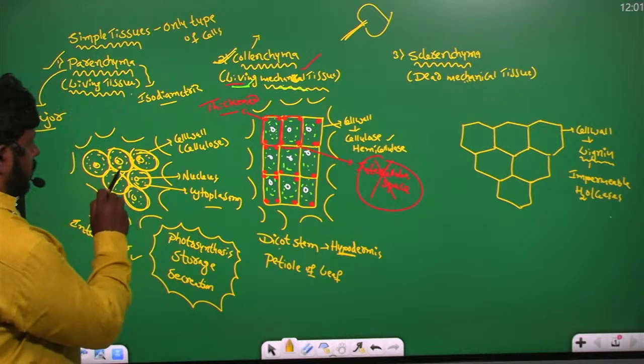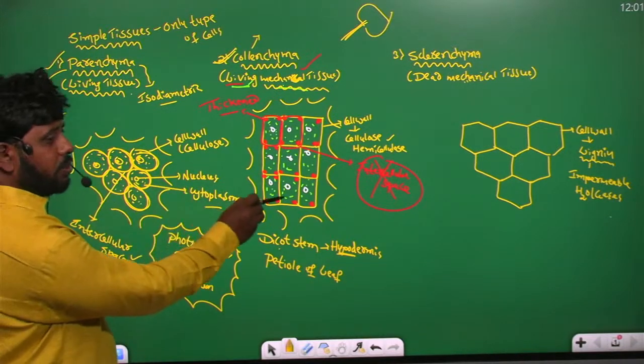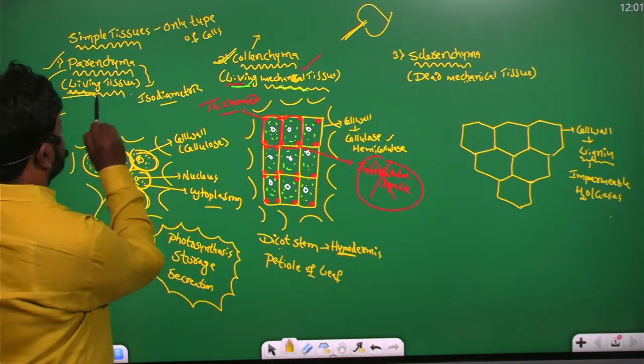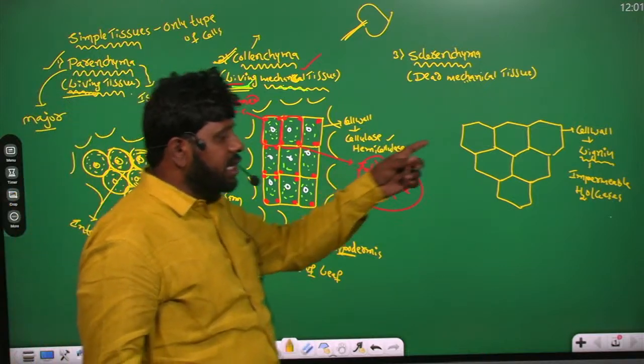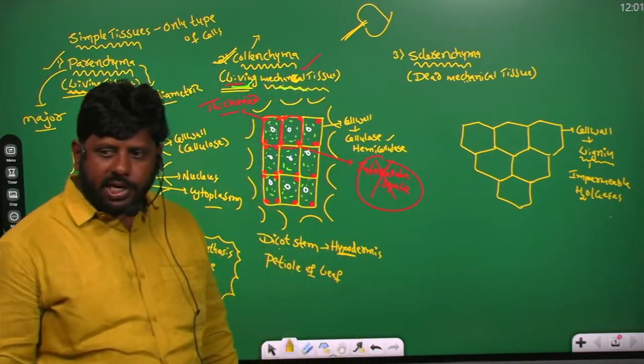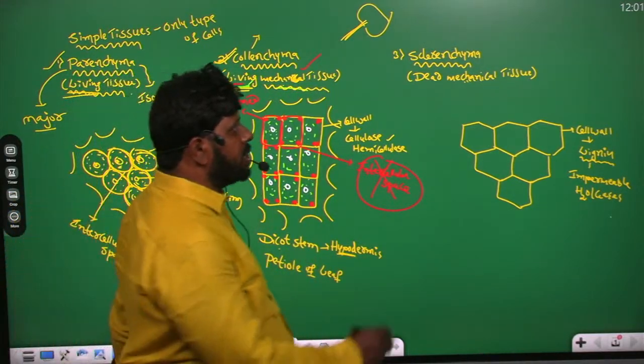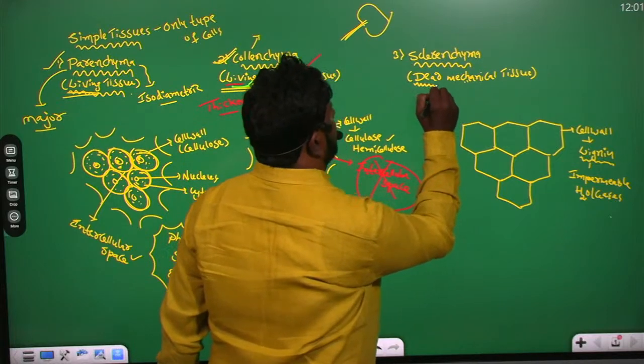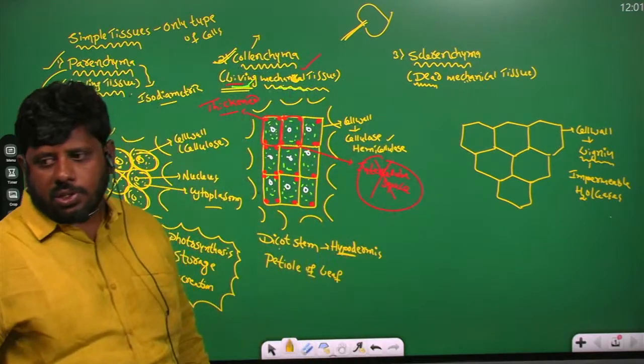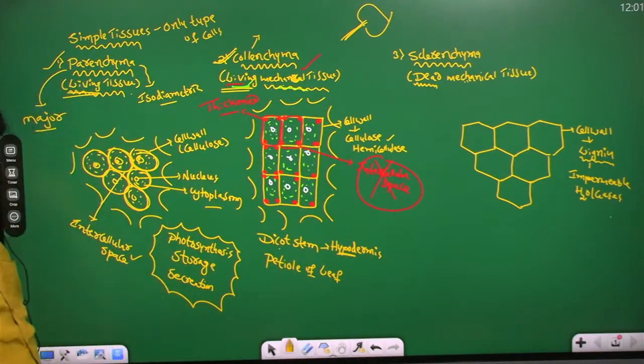Here the nucleus and cytoplasm are present, that's why it is living. But here which one is absent? Nucleus and cytoplasm are absent. Because of their absence, this tissue is considered dead tissue.